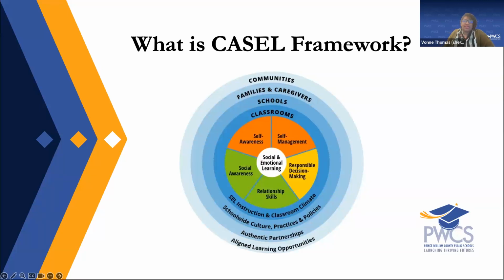The third part of the wheel is you, families and caregivers. What that looks like is the insights and perspectives of family and caregivers are critical to informing, supporting, and sustaining SEL efforts. The research suggests that evidence-based SEL programs are far more effective when they are extended into the student's home.